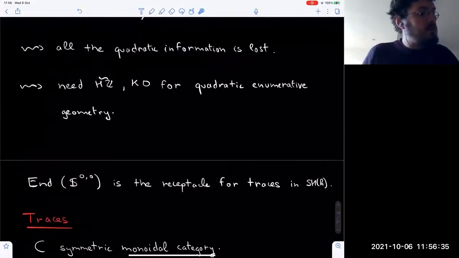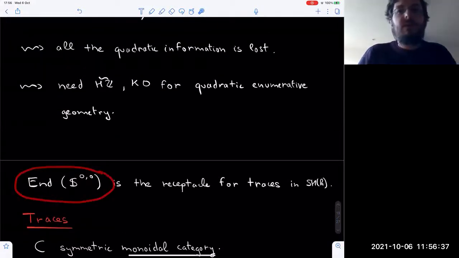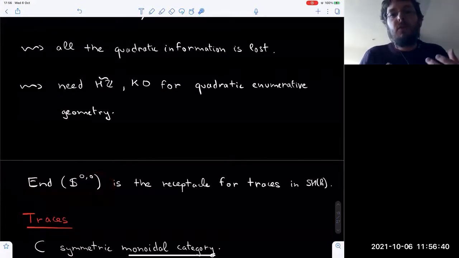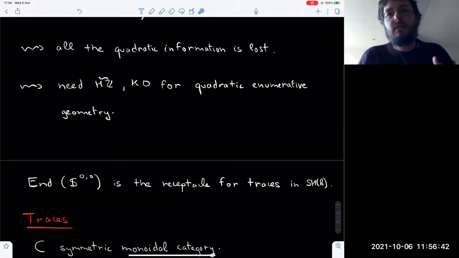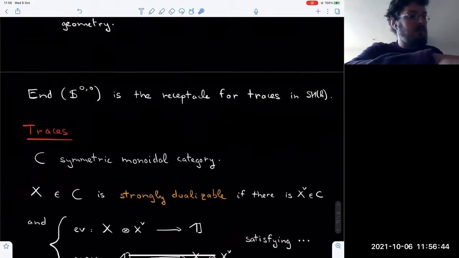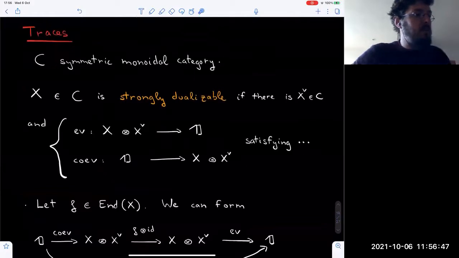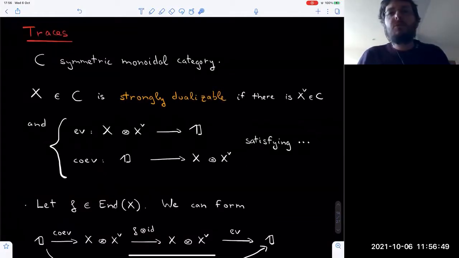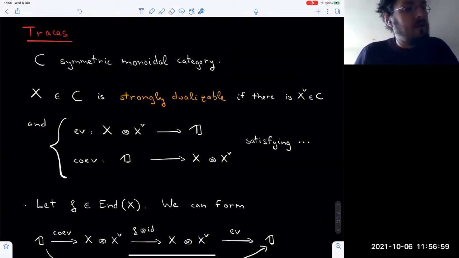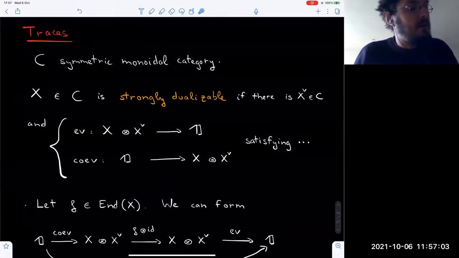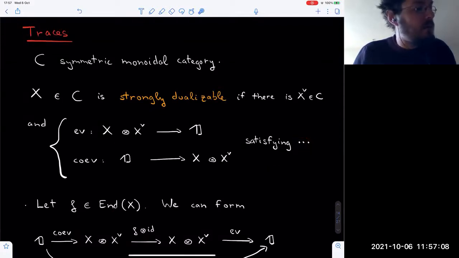Another reason why this endomorphism of the sphere is interesting is that it's a receptacle for traces in SH. Let me recall the general formalism of traces. If you have a symmetric monoidal category, which all these SH of B's are, you say that an object is strongly dualizable if there is a strong dual. So it's an object together with evaluation and co-evaluation maps which satisfy some triangle identities, which I won't write down.